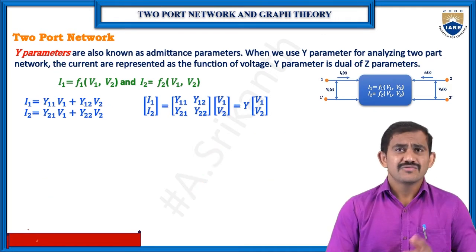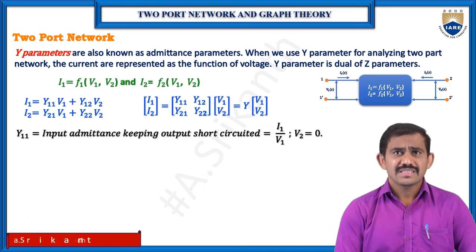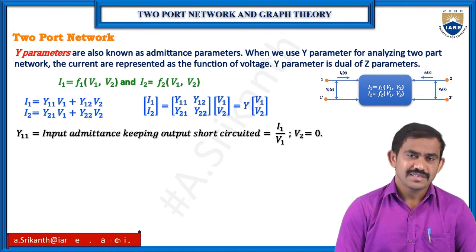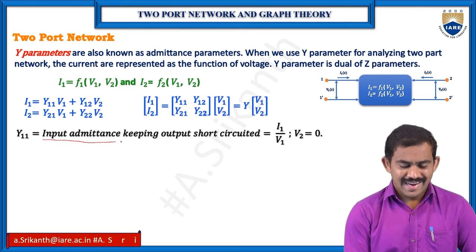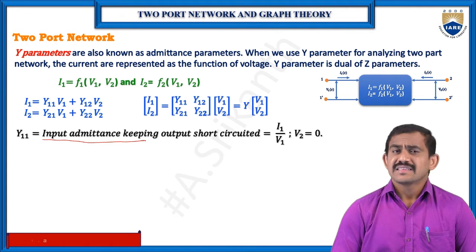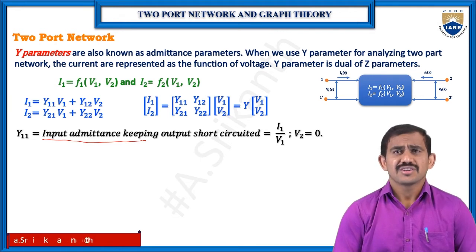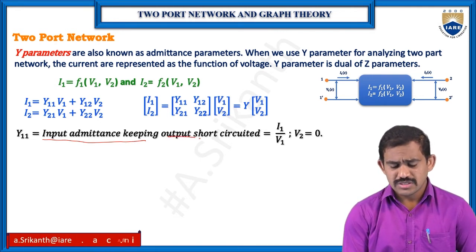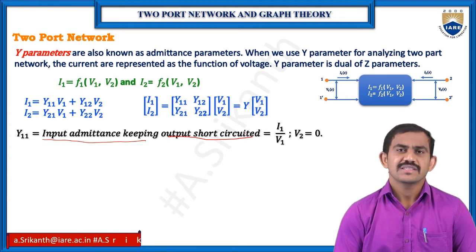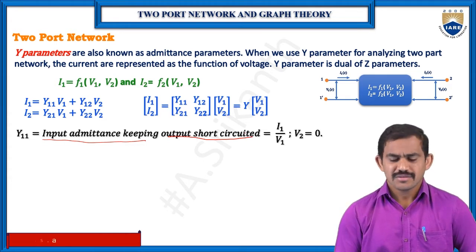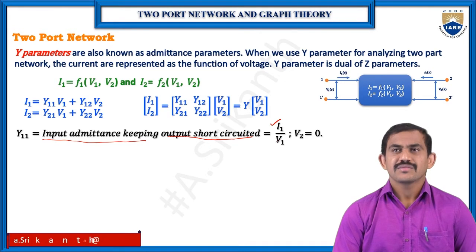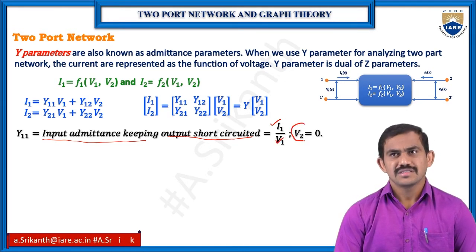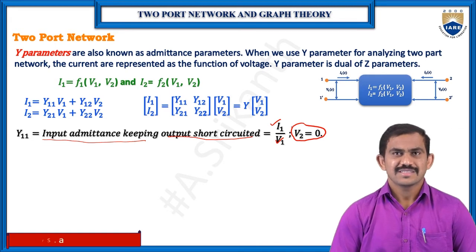Now I want the y11 value. Y11 is nothing but your input admittance, with the secondary side short circuited. So the output side is short circuit. Then I1 by V1 is y11, with V2 equal to 0.